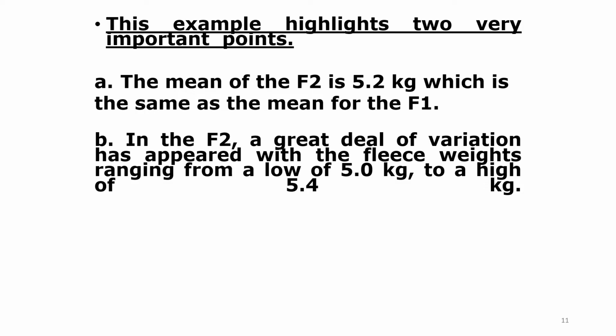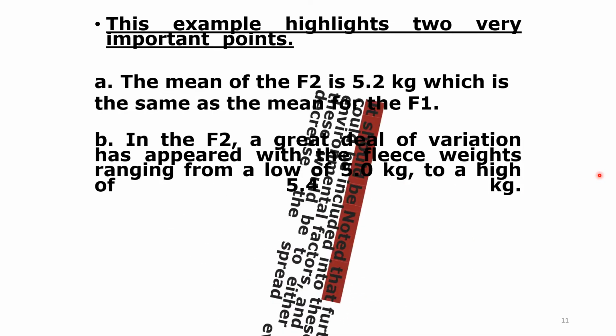And the second thing here is that in the F2, we observed a greater deal of variation, which shows that various animals were able to fall into the various classes of fleece weight, as compared to the F1, where all of them were just at 5.2 kg. So we had as low as 5.0 and as high as 5.4 kilogram fleece weight.